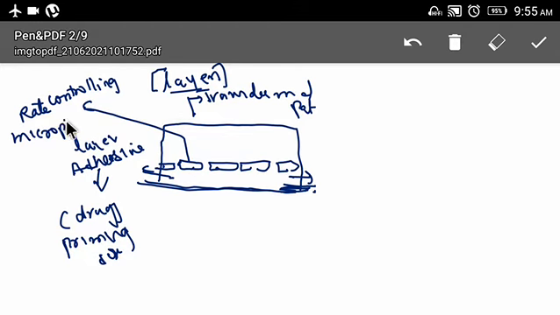So the first layer is the adhesive layer, the second layer is the micropore layer, and the third layer is the reservoir. This layer is the reservoir of drug. Through the micropores it goes into the first layer, and from there into the systemic circulation.